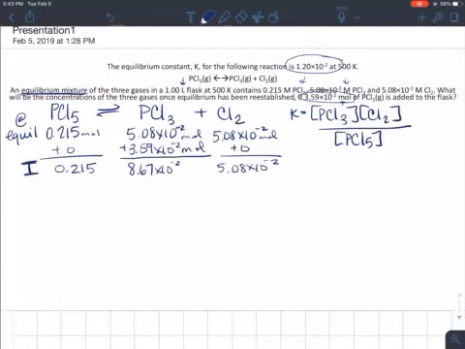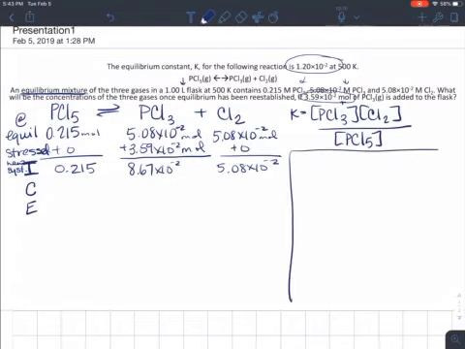We were at equilibrium, but then we stressed our system. And so now we essentially have a new system, which is going to have its own ICE tables. So we know the initial. We know that because we added some of this. We didn't add any of those other ones. And so that's how we came out with these moles or molarity values here.